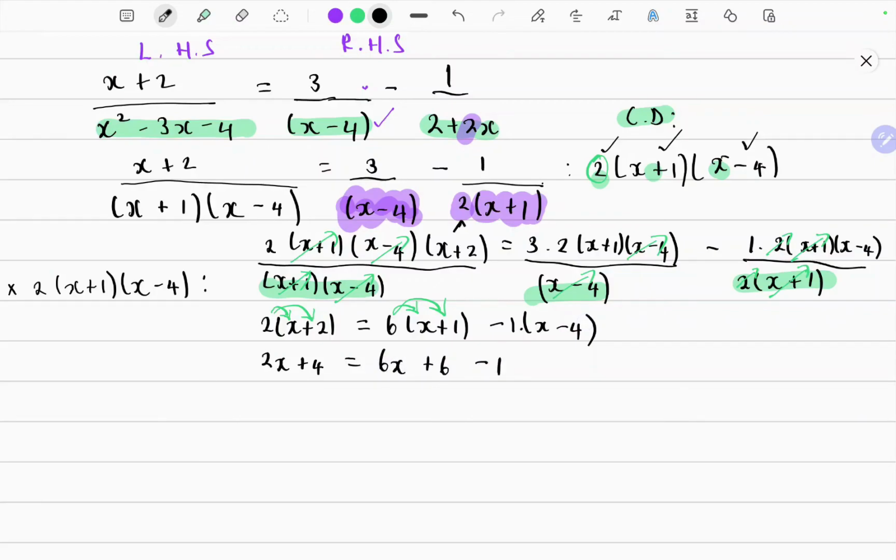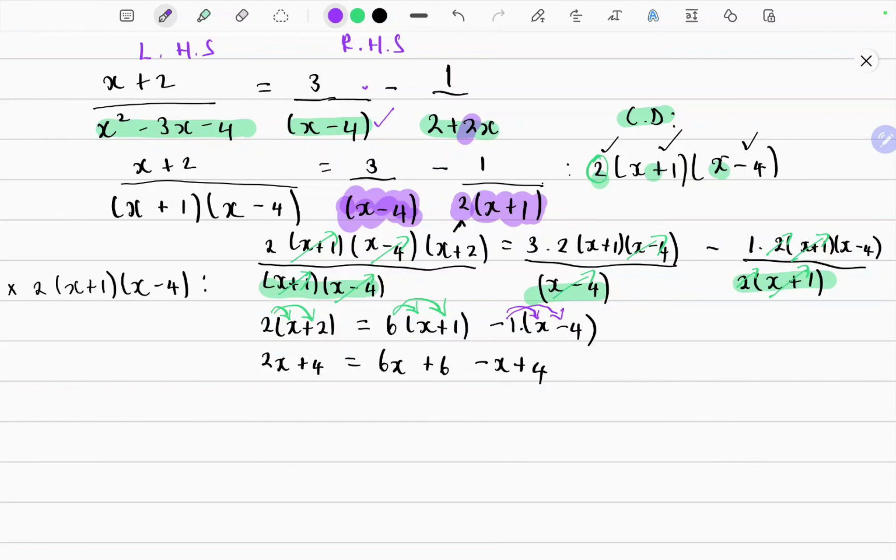And here is minus x plus 4, because minus 1 times x is minus x, and minus 1 times minus 4, minus times minus is positive, so it's positive 4.